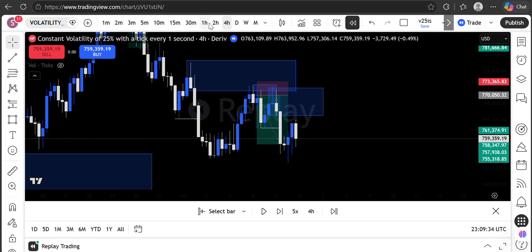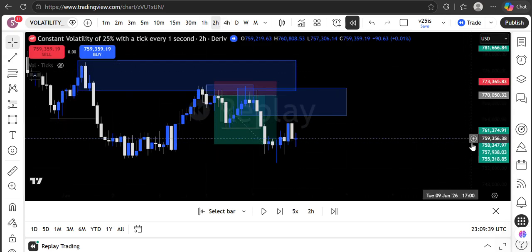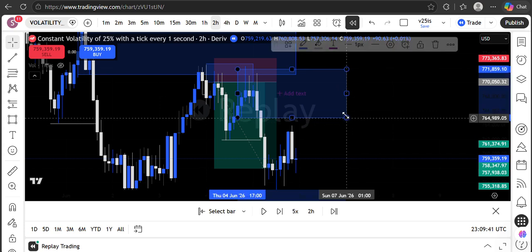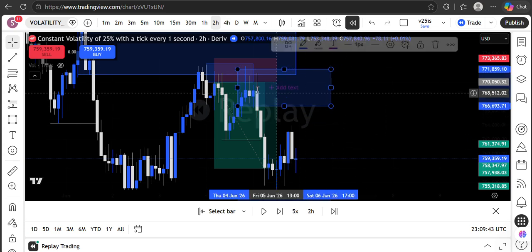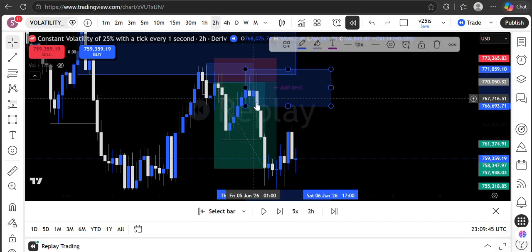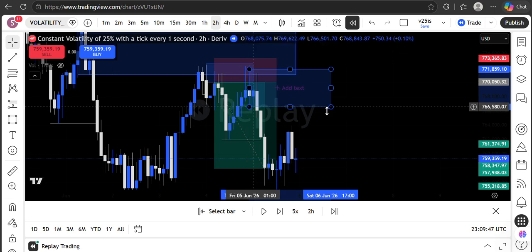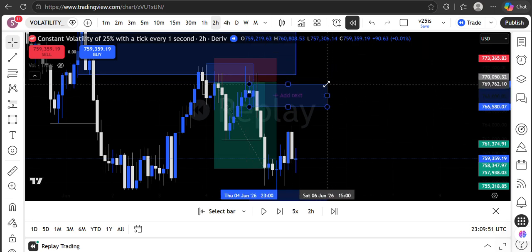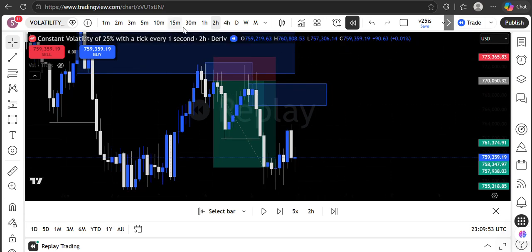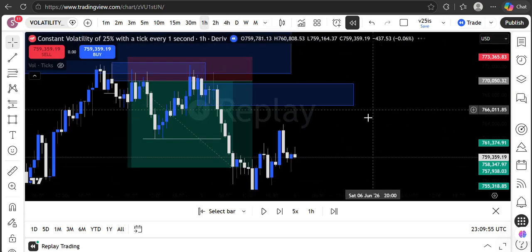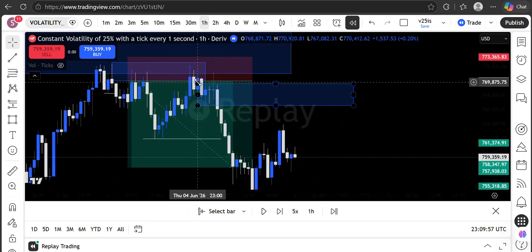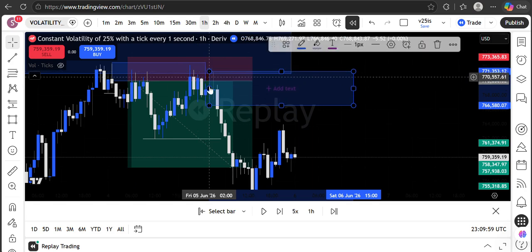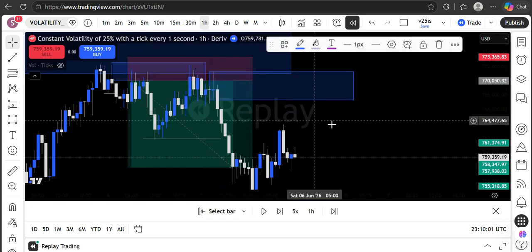So let's refine. Let's go to our 2 hours time frame. We can refine this order block down to this one. Okay, let's come down to a 1 hour time frame. So we can refine this further down to this.